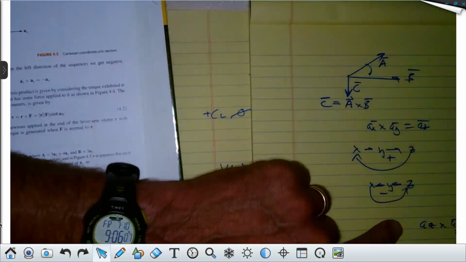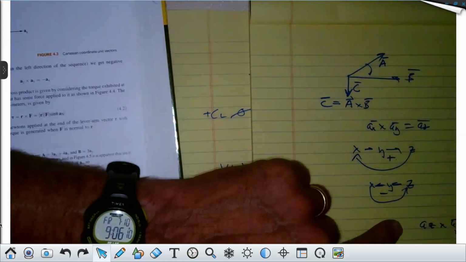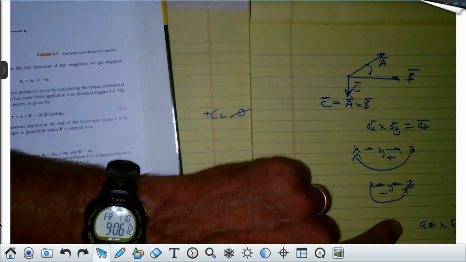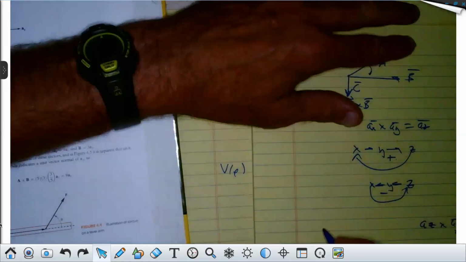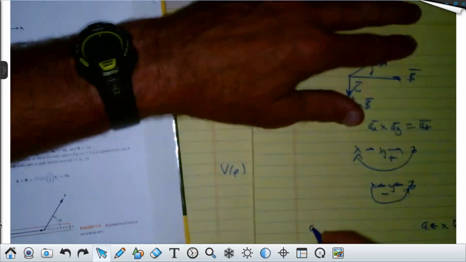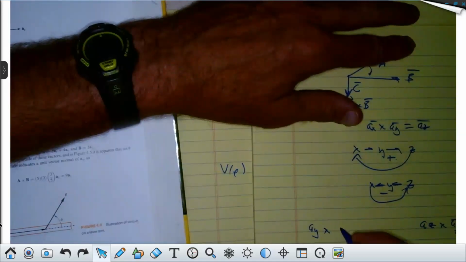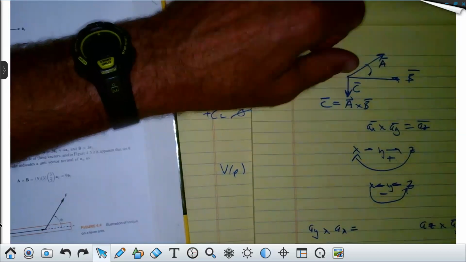Minus A_x. Right. Something else about cross products: the vector it crosses into will not be in either of the two directions it came from. It's always orthogonal. So how about this one? What is A_y crossed into A_x? Negative A_z. Right, minus A_z.